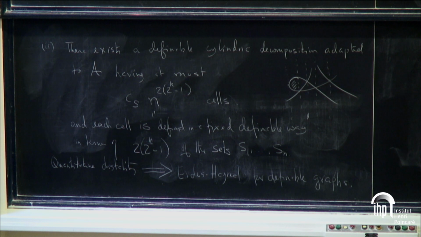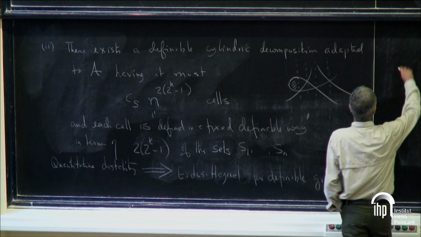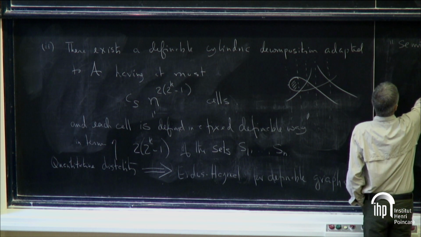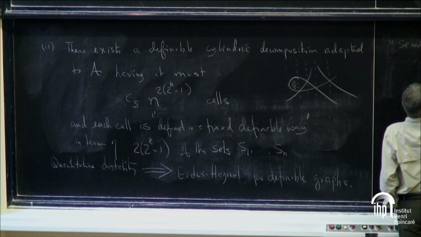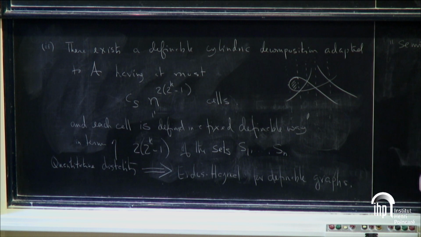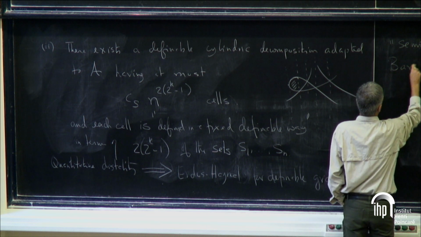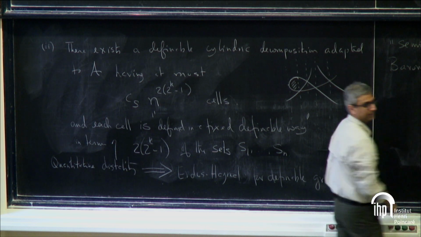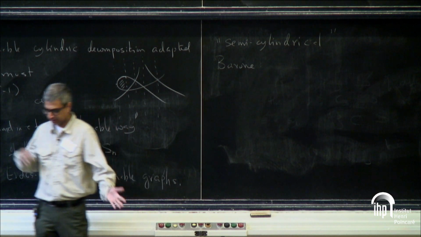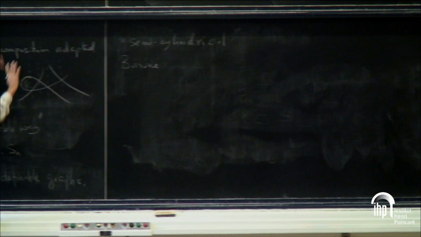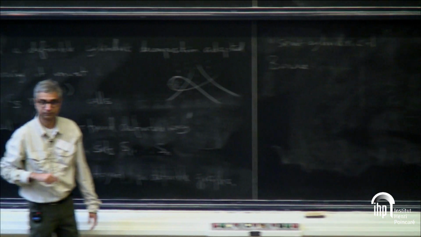So the best we can do is something called semi-cylindrical decomposition. I don't know whether this term semi-cylindrical existed before, but in the thesis of my student Baron, he gave a semi-cylindrical decomposition. So in this decomposition, the sets are cylindrical, but the global structure is no longer cylindrical.